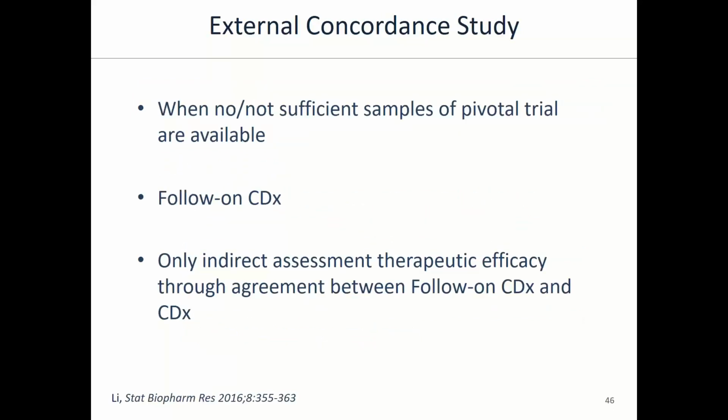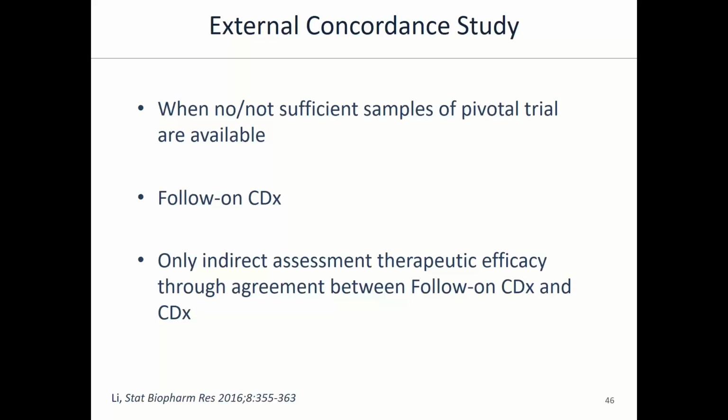Now, if you don't have samples available of this pivotal clinical trial or not sufficient samples, or you don't have access to them, then you have to rely on an external concordance study. This will be the case for a follow-on companion diagnostic like we might see more often now. It's a kind of me too product when there is already a companion diagnostic in the label of a certain drug, but you also want to market a diagnostic for the same indication.